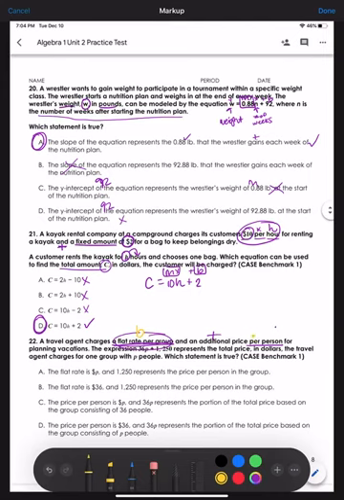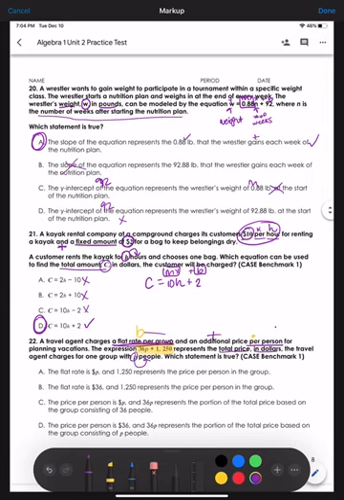That word per means multiply. So it's a price per person for planning vacations. The expression 36p plus 1,250 represents the total price in dollars the travel agent charges for one group with p people. P is people.